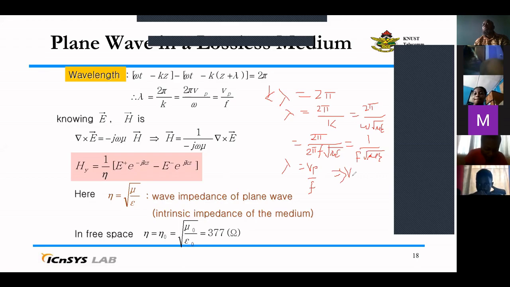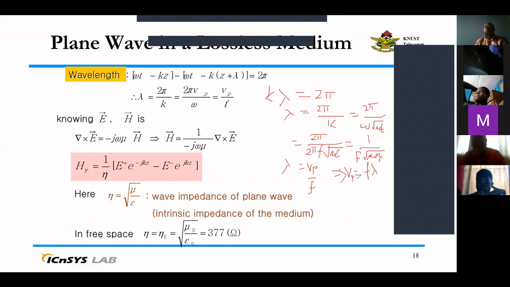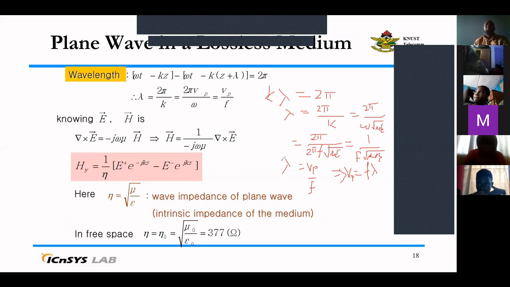And then your famous expression vp equals f lambda can be verified, where vp is the velocity of the wave that is being propagated, equals the frequency times the wavelength. Or lambda equals vp over f, as verified.